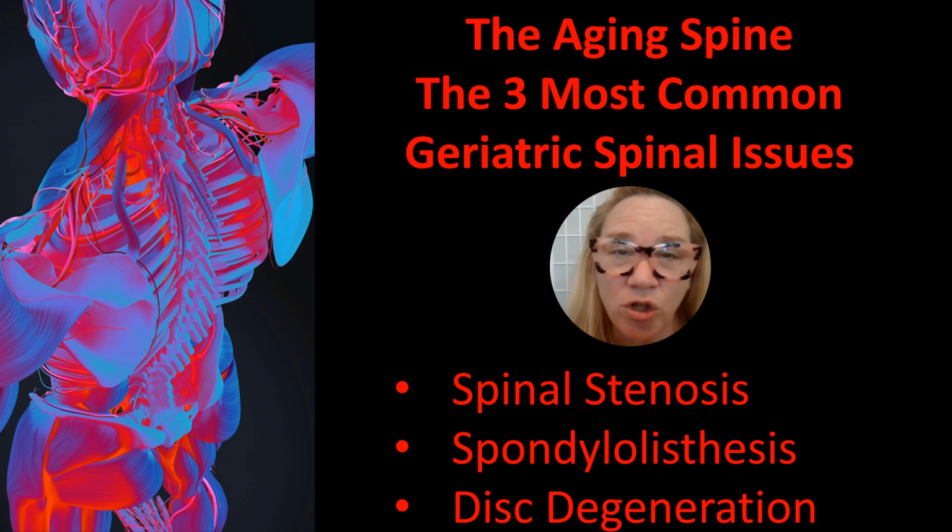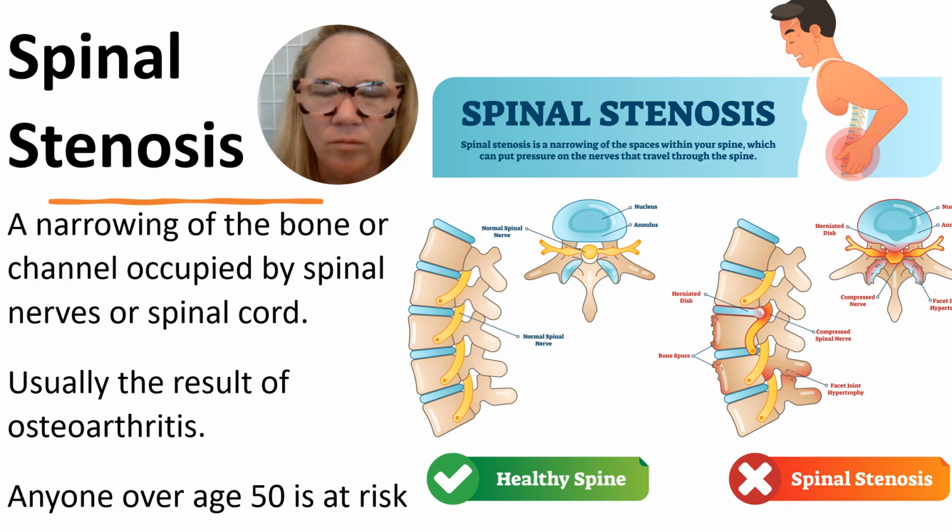The 3 most common medical issues in an aging geriatric vertebral spine are spinal stenosis, spondylolisthesis, and disc degeneration. We'll review all 3. About 1 in 4 geriatric clients who get on your table would have a diagnosis of spinal stenosis. It's estimated about 27% of the elderly are diagnosed with this disease.